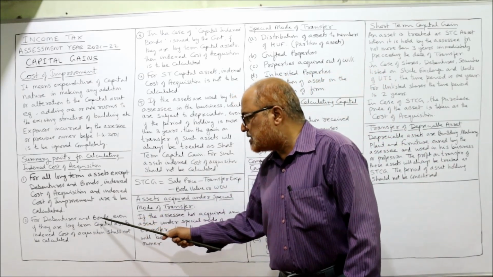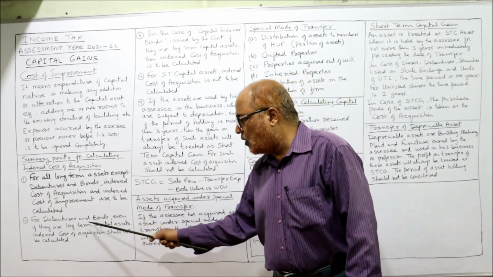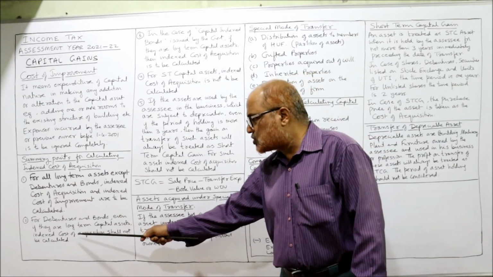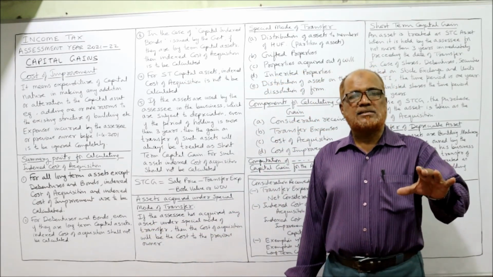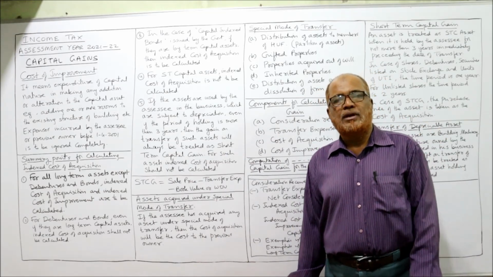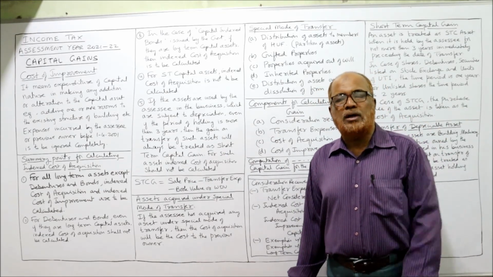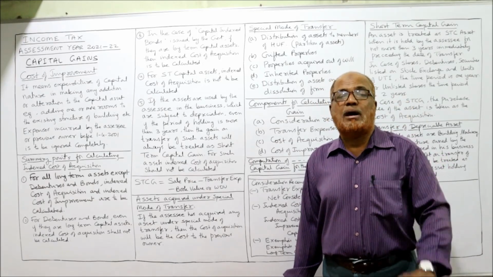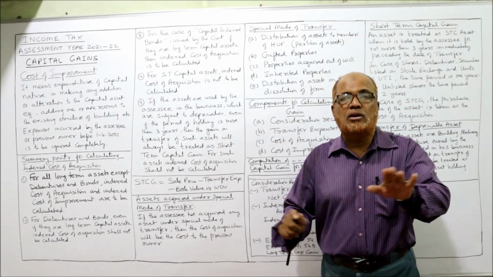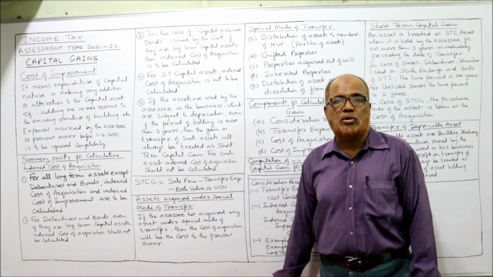Second, for debentures and bonds, even if they are long-term capital assets, indexed cost of acquisition shall not be calculated. The Income Tax Act has specifically given the provision that if the assessee has sold debentures or bonds, even if it is a long-term capital asset, indexing is not allowed.